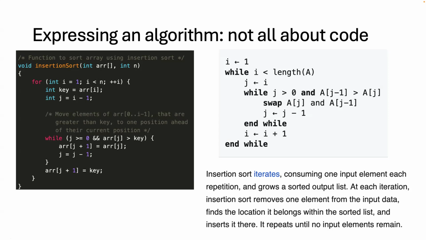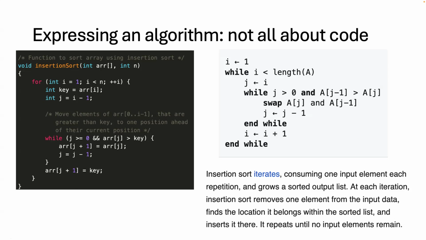So for insertion sort, we have the actual code. And then we have the pseudocode, which is not code that gets compiled or executed anywhere, but it still conveys how you do insertion sort. And then we have the introductory statement from Wikipedia, where it's just a paragraph saying here's how insertion sort works.